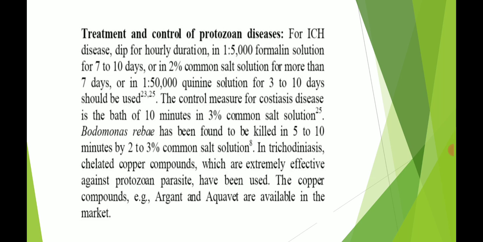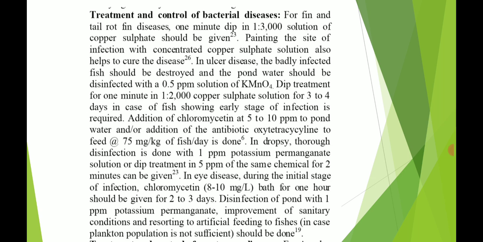The control measure for Cystitis disease is a bath of 10 minutes in a 3% common salt solution. Bodomonas rabi has been found to be killed in 5 to 10 minutes by 2 to 3% common salt solution. In trichodiniasis, chelated copper compounds, which are extremely effective against protozoan parasites, have been used. The copper compounds, for example Argon and Aquavit, are available in the market.